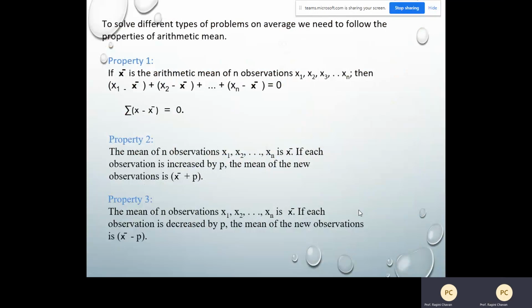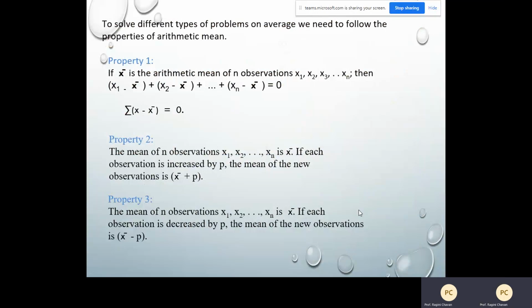Now after getting all the formulae of mean for different kind of data, it is necessary to understand different properties of arithmetic mean. So first property is, if x bar is the arithmetic mean of n observations, then x1 minus x bar plus x2 minus x bar plus up to xn minus x bar is equal to 0.